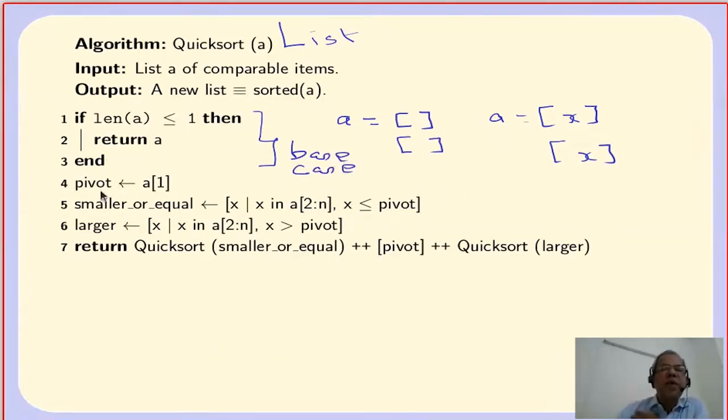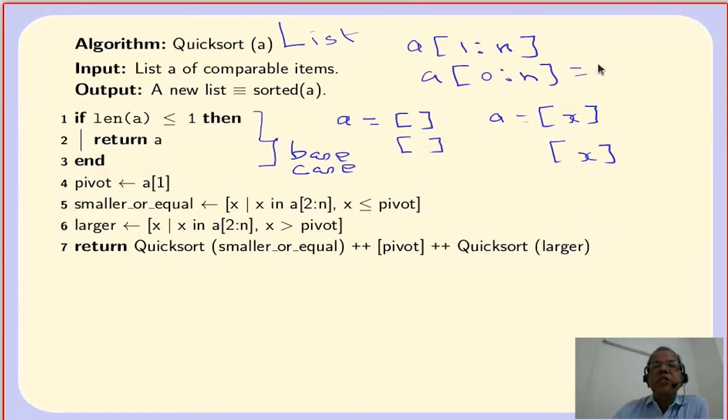Choose any element as the pivot. I am using this notation A at 1 to n. In the last time I taught algorithm, I followed this notation. 0 to n means A at 0 and so on, A at n minus 1, n is not included.